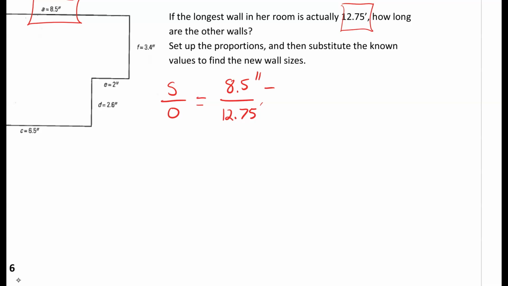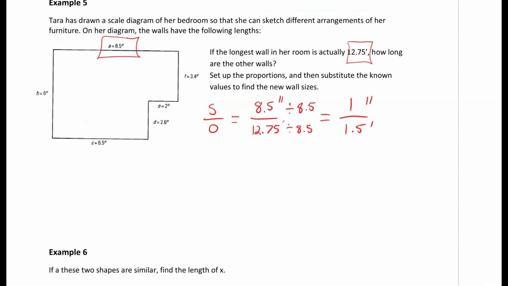So I'm going to divide this by 8.5, which will get my top being 1, and divide the bottom by 8.5, which will get my bottom being 1.5. We have an easier number to work with to calculate for all of the other sides, though you could use the original scale as well.